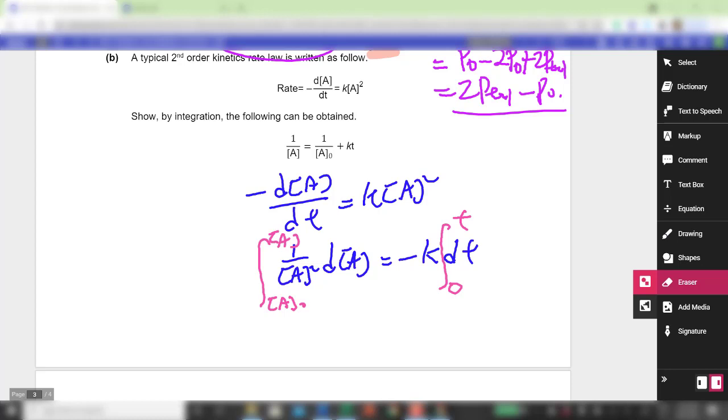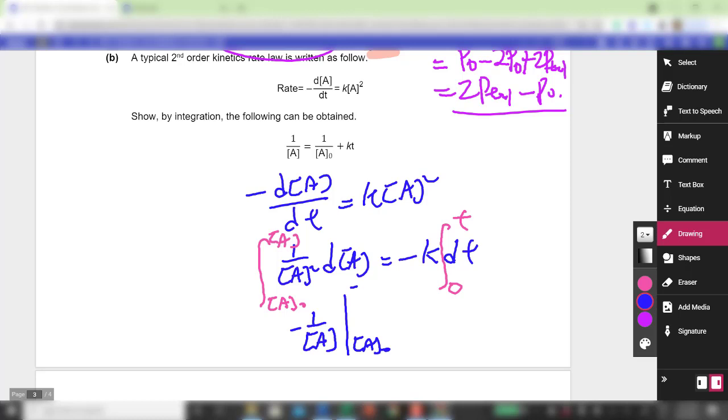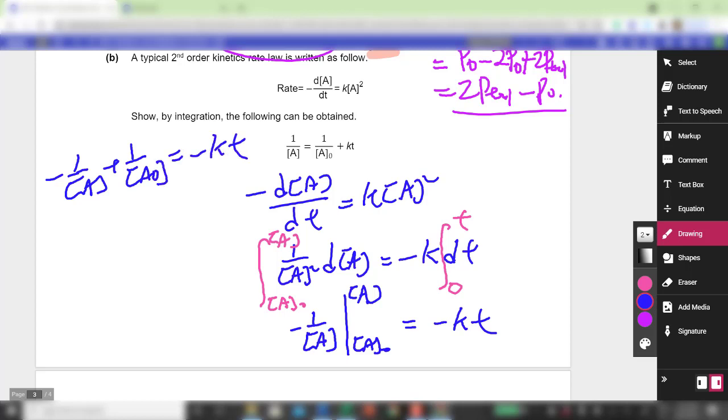So after performing the integration, you will end up with minus 1 over A, and from A naught to A, and this is equals to minus kt. And then you're going to end up with minus 1 over A plus 1 over A naught equals to minus kt.